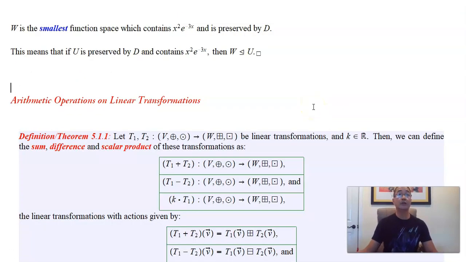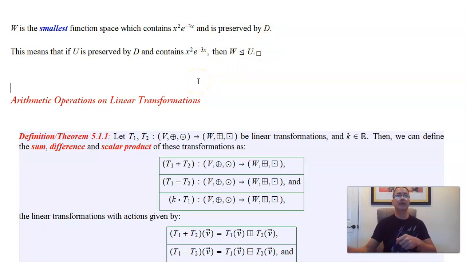Now, our computations also showed us that this space W is the smallest function space which contains that original function, x squared e to the minus 3x, which is preserved by the derivative.